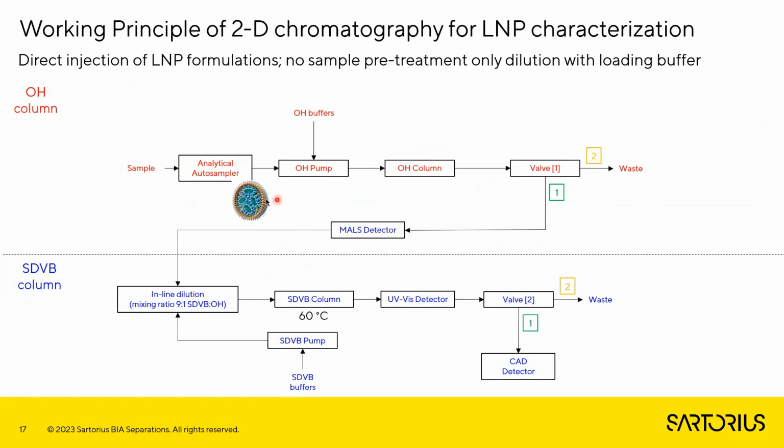In the next step, the lipid nanoparticles travel ahead to the second column, the SDVB column, where we open them and release the load inside of the particles, and we can also obtain the individual lipids which were forming the LNP particle. Then we separate these species. Lipids are detected using the charged aerosol detector, and the nucleic acids are again determined and quantified using the UV detector.